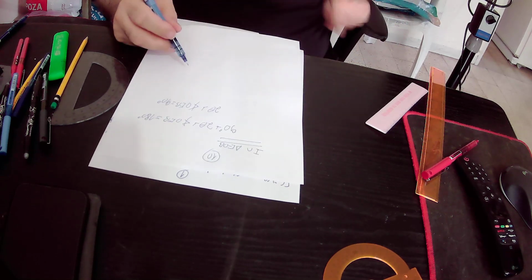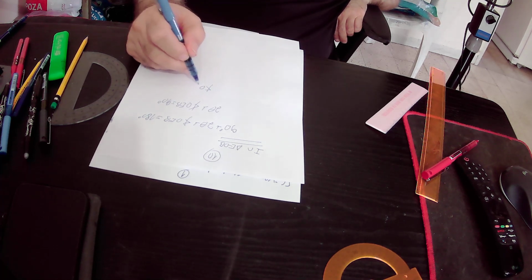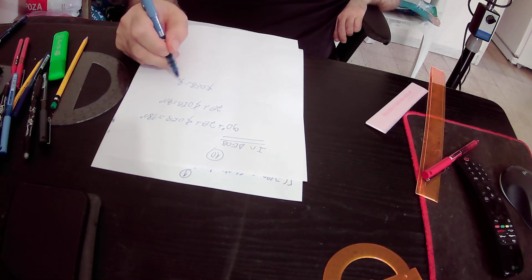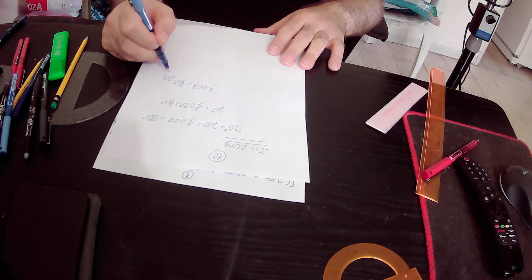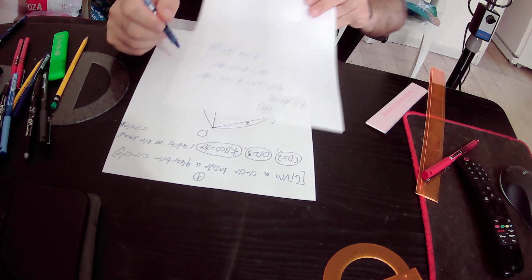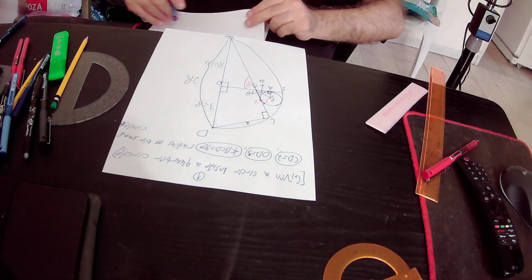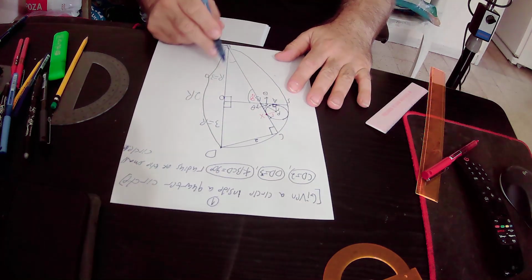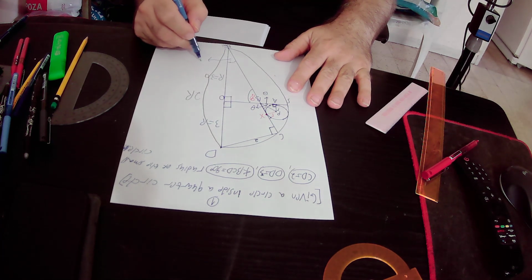Here we will subtract 2 theta from this equality, and we will get that the size of angle OEB is actually 90 degrees minus 2 theta. Okay, so the size of this angle OEB is 90 degrees minus 2 theta.